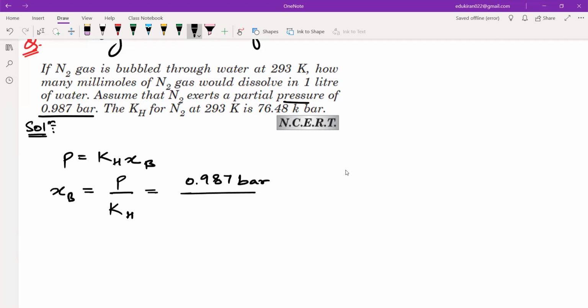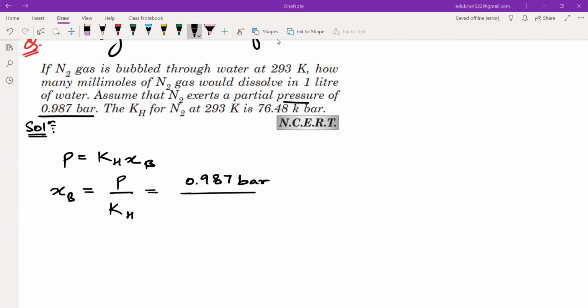Divide by, please tell me, who will tell me? Alina, what is the KH of N2? We are 293. This is what happens when you only read numbers.